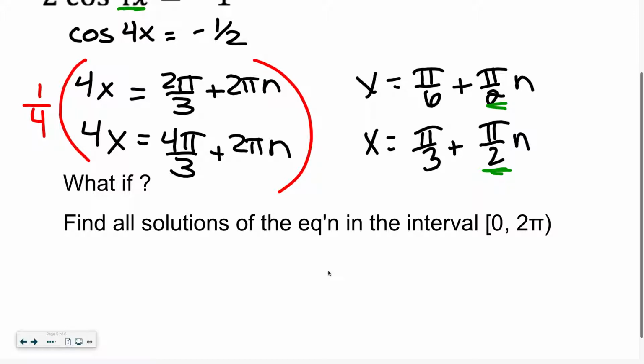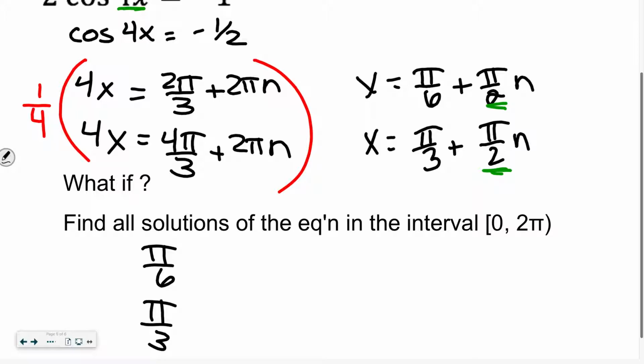Because normally if I want to find the solutions between 0 and 2 pi, I would just answer the question and say, in this case when I divide by 1/4, pi 6 and pi thirds. And normally if the period was 2 pi, I'd never be able to add 2 pi and be less than 2 pi. But now my period is short, right?